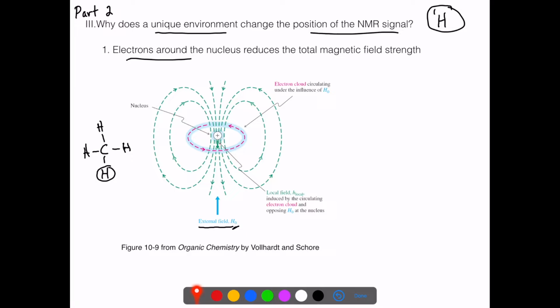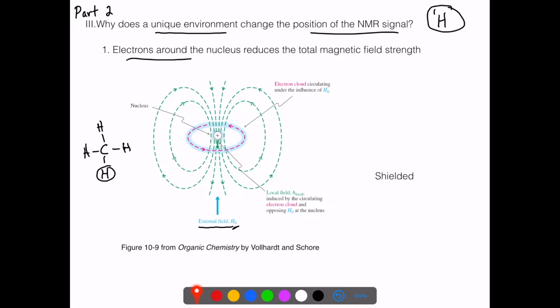And so we would say that the proton is shielded from the full effects of the external field, because the electrons are moving in a way that's opposite to the field. This proton is not feeling the full effects, and so we say that it's shielded.